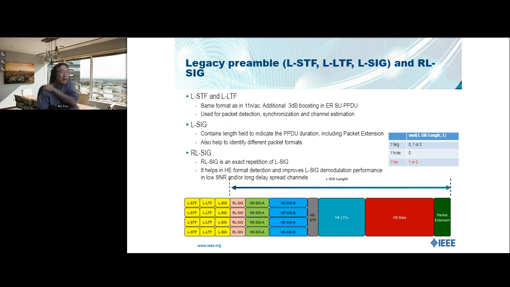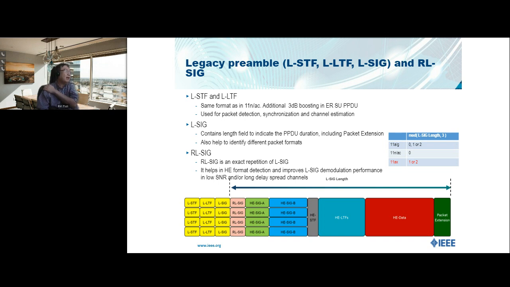So let's look at the legacy preamble first. The legacy preamble starts from L-STF, L-LTF, L-SIG. And we also want to cover the repeated L-SIG here. So what are L-STF and L-LTF?